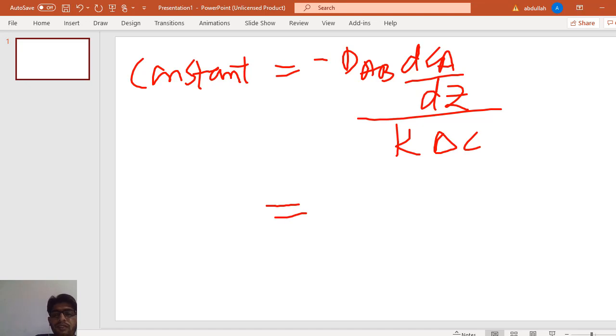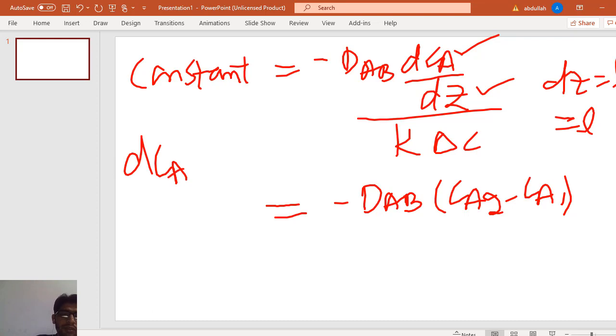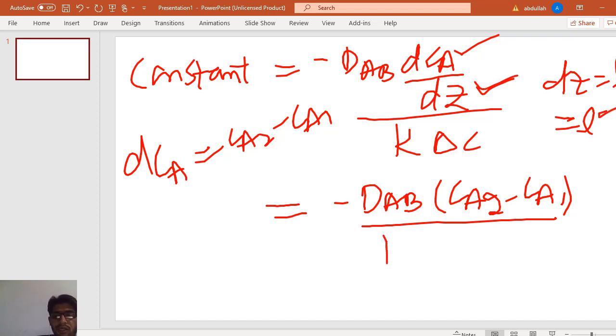Now this dZ can be denoted by, suppose it is equal to L. Then the change in concentration dCA will be equal to CA2 minus CA1, and the dZ is denoted by L. So it will be L and it will be K. It can also be written as DAB into the concentration gradient divided by the change in the concentration.